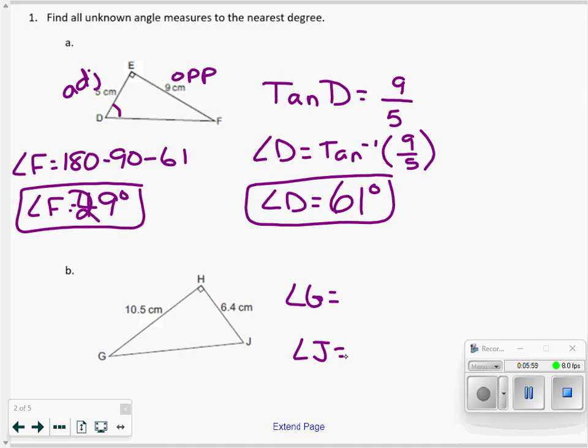31, 59, yep. Oh, cool, cool. You have a calculator though?